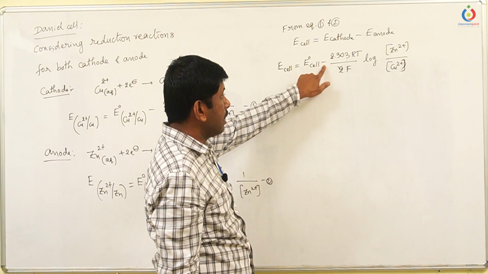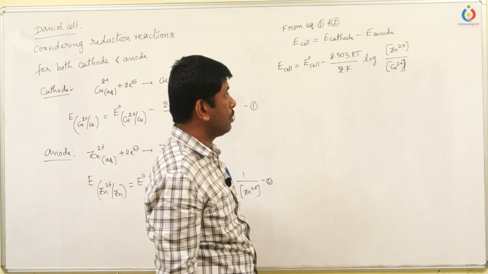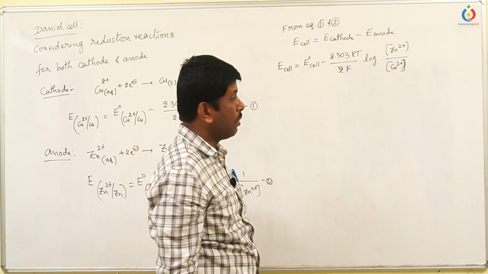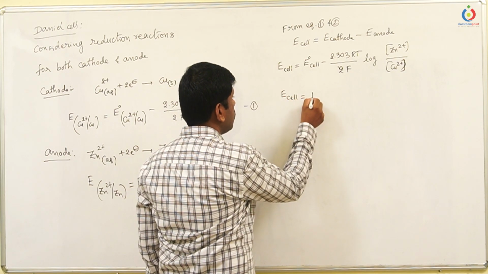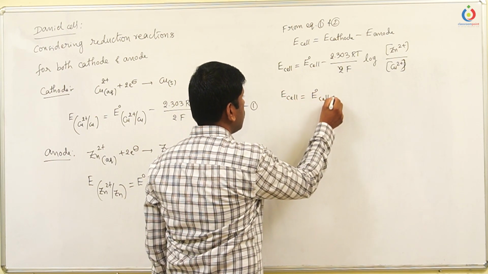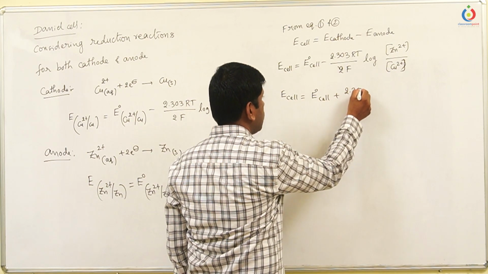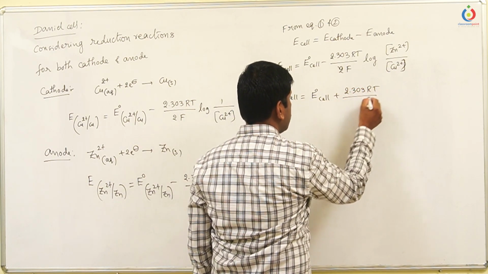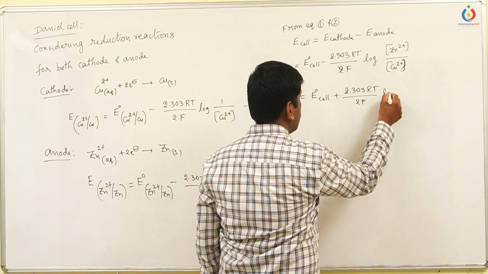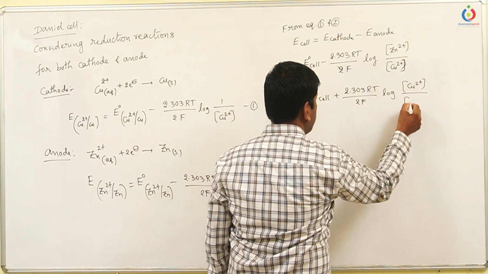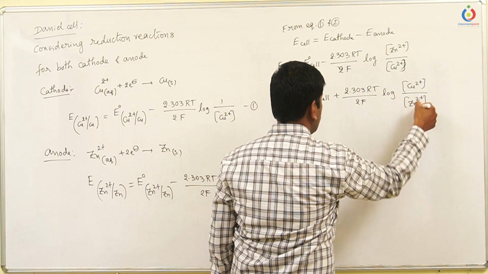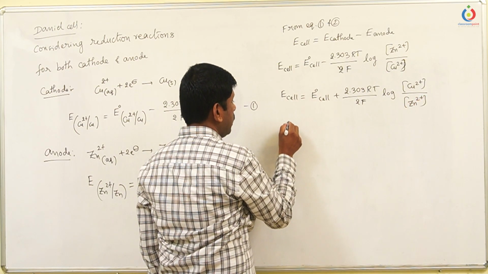By changing the sign convention, we can exchange the numerator and denominator, and finally it becomes E cell equals E naught cell plus 2.303 RT by 2F log concentration of Cu2 plus divided by concentration of Zn2 plus at 298 kelvins.